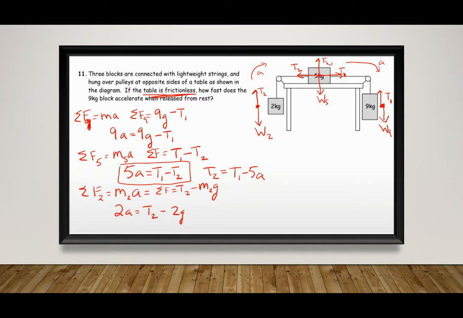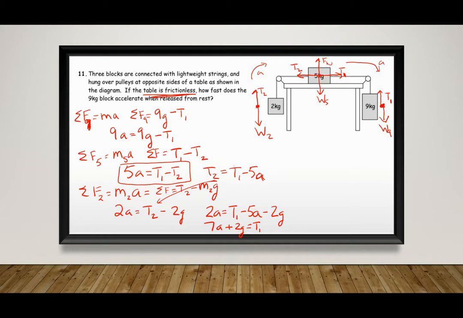And now I'm going to take that and substitute T2 down here. So now I get 2a equals T1 minus 5a minus 2g. So I end up getting 7a plus 2g equals T1.